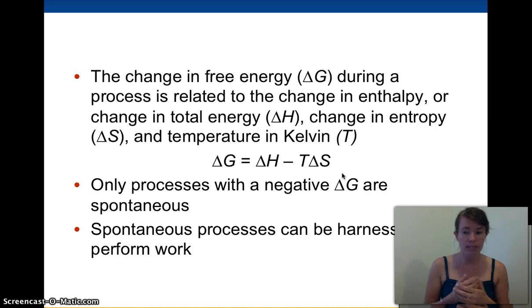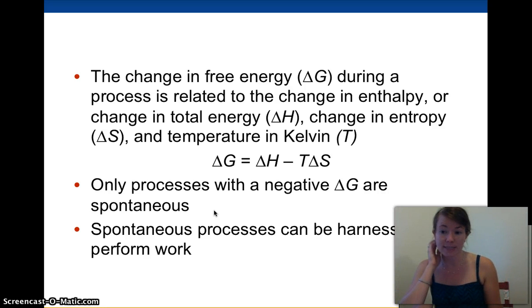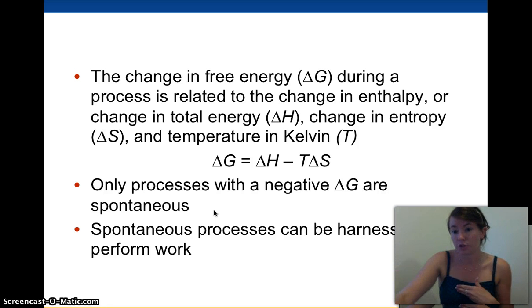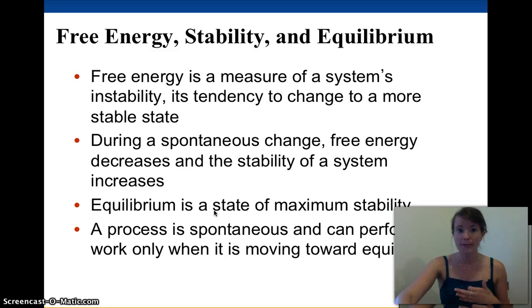Processes that occur spontaneously will have a negative delta G, meaning that as the process happens, energy is lost. Spontaneous processes release energy, so they have a negative delta G, and this energy can be used to do other jobs, to perform work.